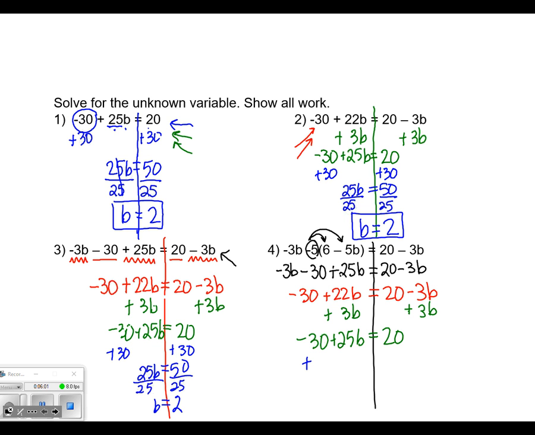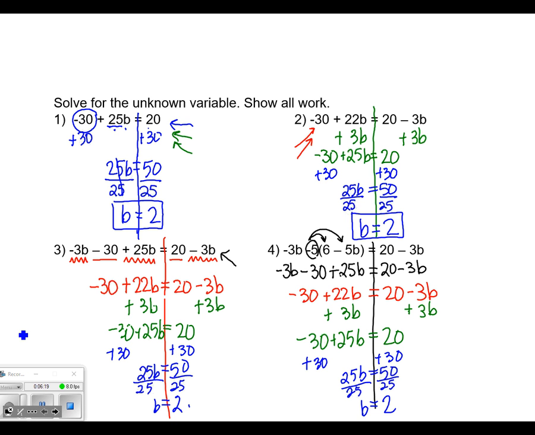So, add 30 to both sides, and I get 25b equals 50. Divide by 25, b equals 2. I didn't check these last two, so I better do that.